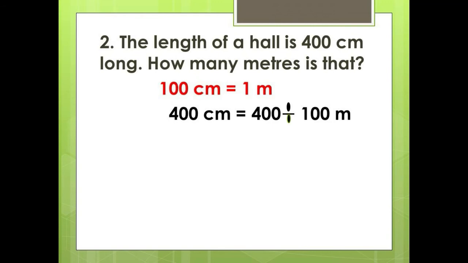So we are dividing by 100. 400 divided by 100 is 4 meters. So 400 centimeters equals 4 meters.